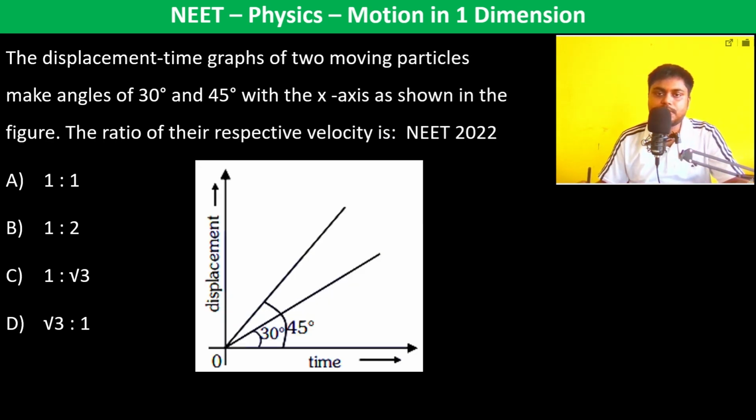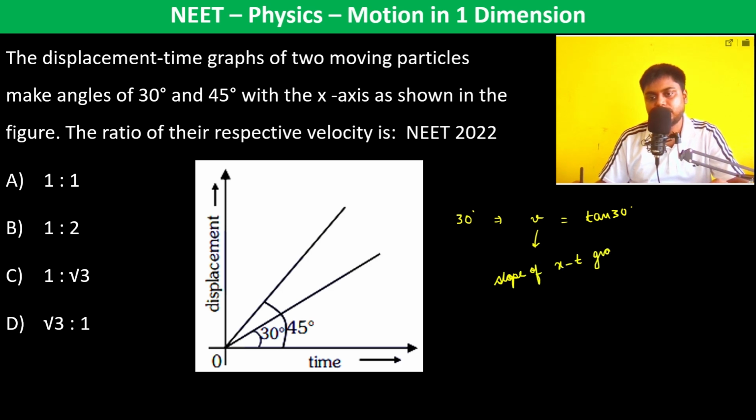Thank you. The displacement-time graphs of two moving particles make angles of 30° and 45° with the x-axis as shown in the figure. The ratio of the respective velocities. So for the body having 30°, the velocity is equal to tan 30°, as velocity is the slope of the x-t graph.